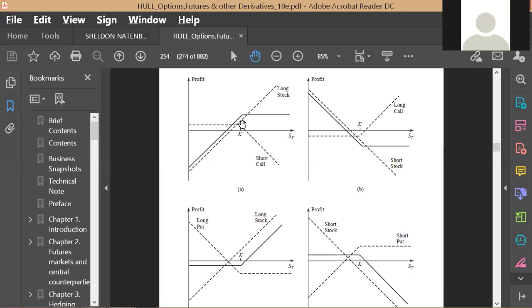So the dotted lines are the synthetic equivalents for that solid line position. Does this make sense now, Utsav?